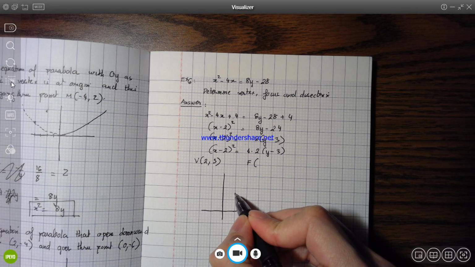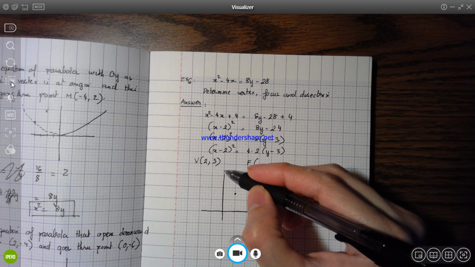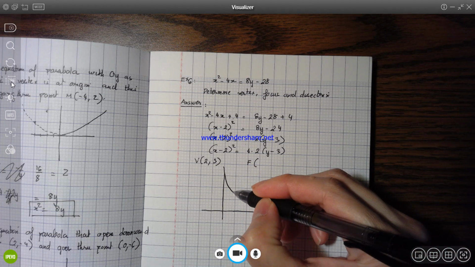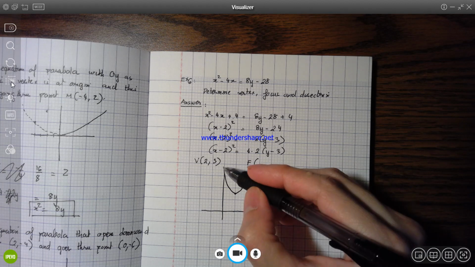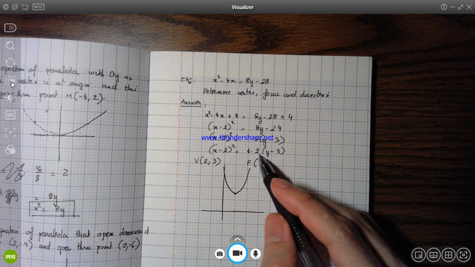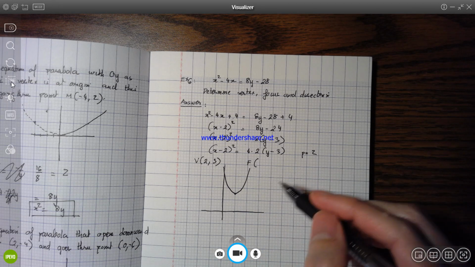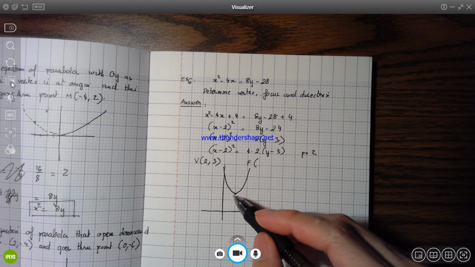So this is the vertex, and it is opening up, and we know p is 2. It means that the distance between the focus and the vertex is 2.